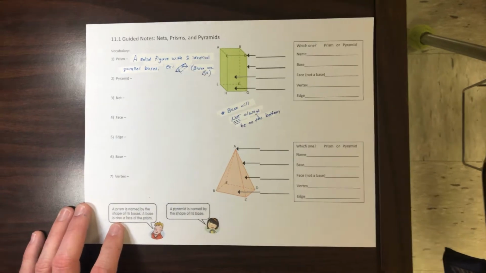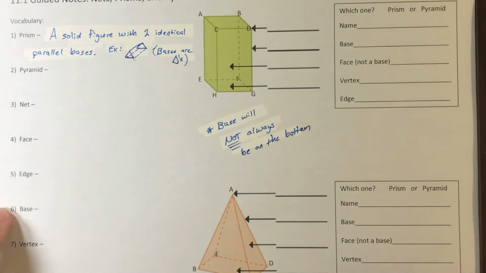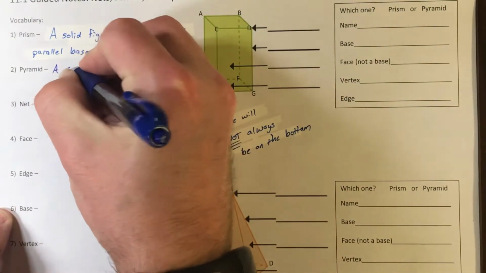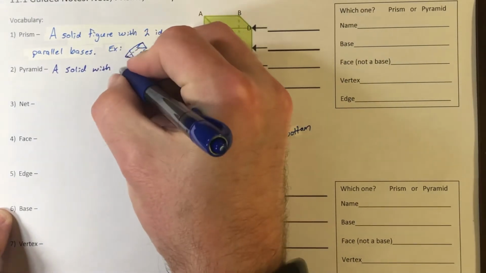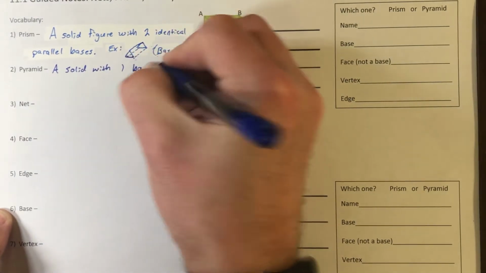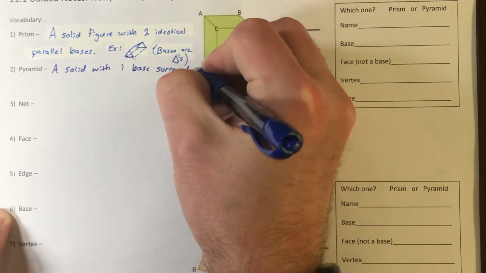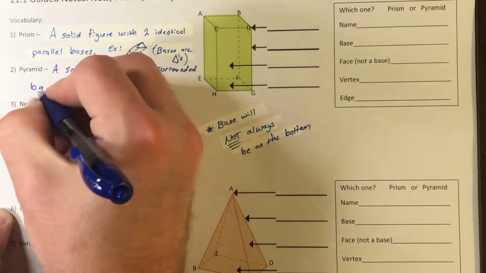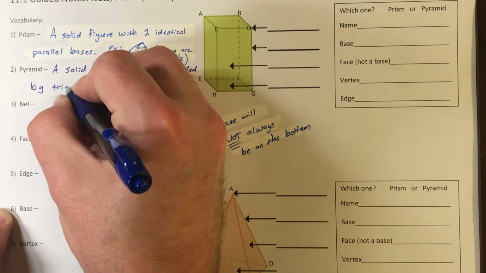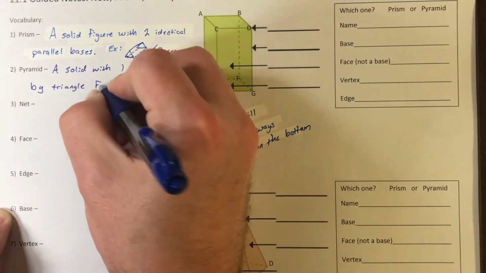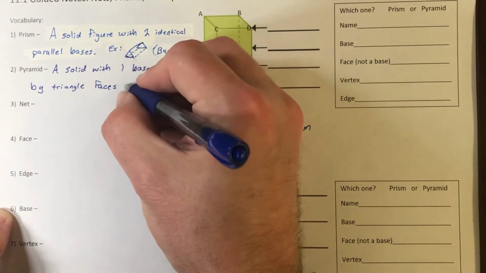Okay, next one. Pyramid. A pyramid is a solid with one base surrounded by triangle faces that meet at one vertex.